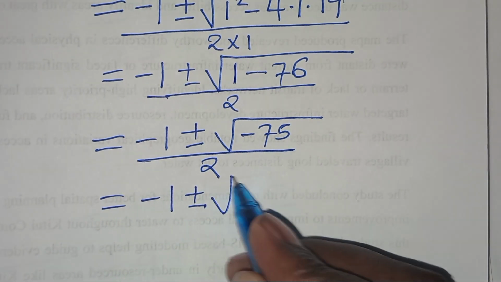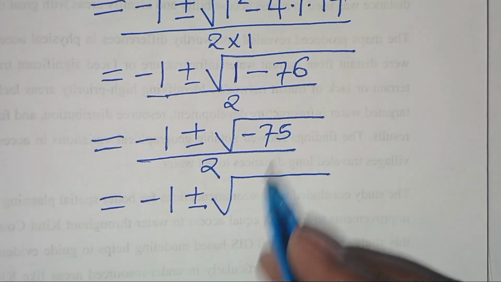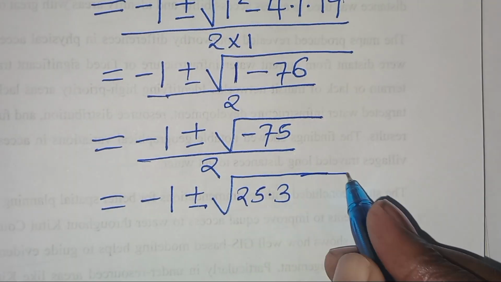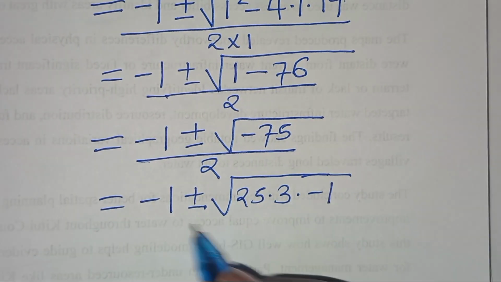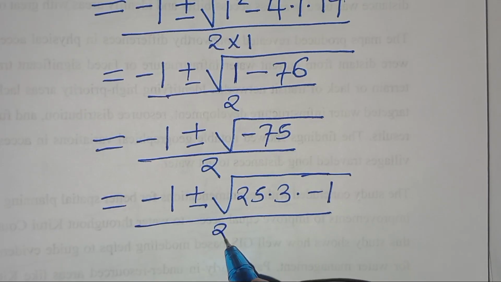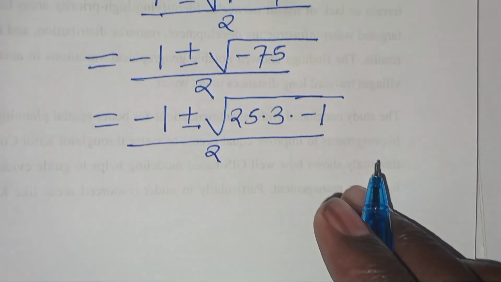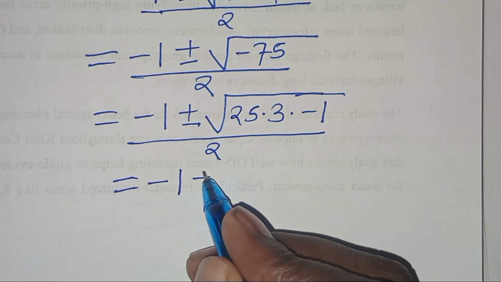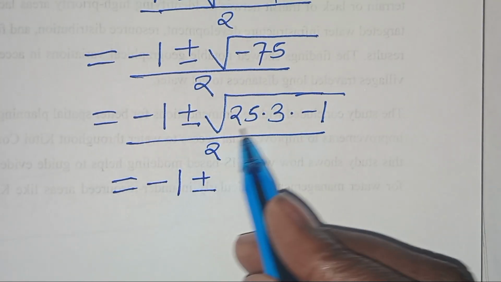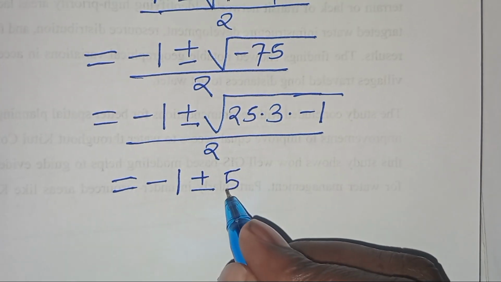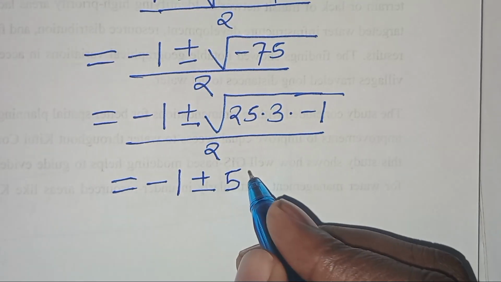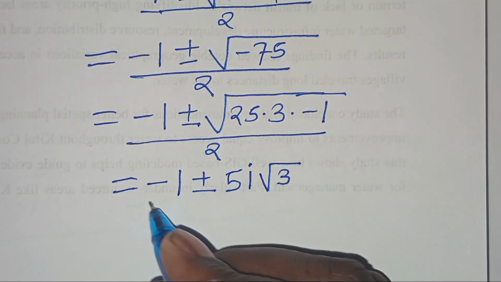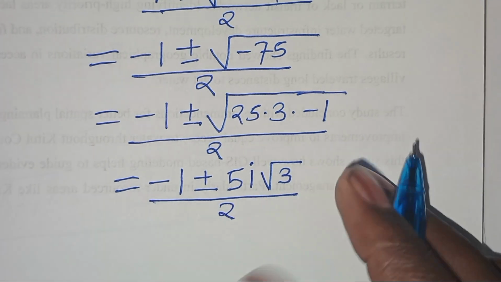We can express the square root of minus 75 as the square root of 25 times 3 times minus 1, divided by 2. So this implies that here, this is minus 1 plus or minus the square root of 25, this is 5, the square root of minus 1, this is i, then the square root of 3, divided by 2.